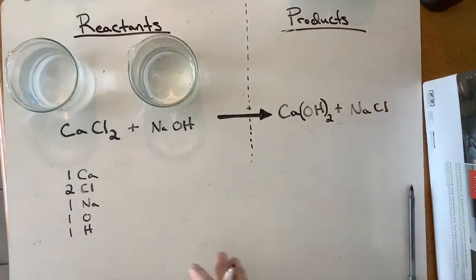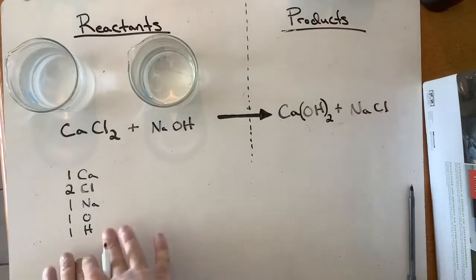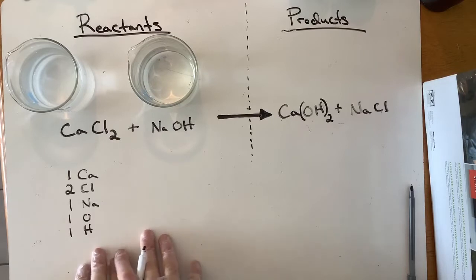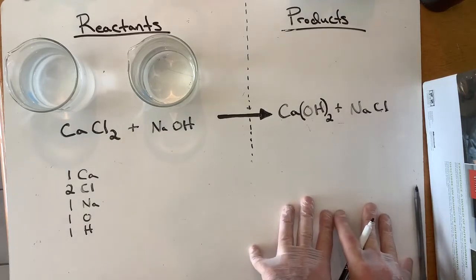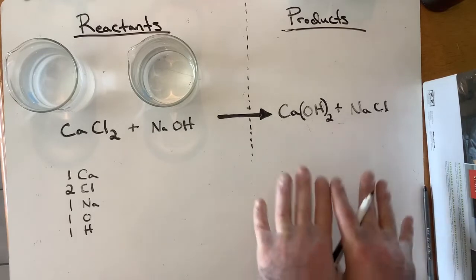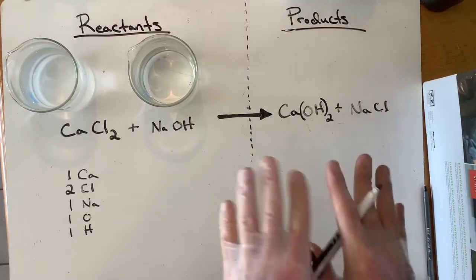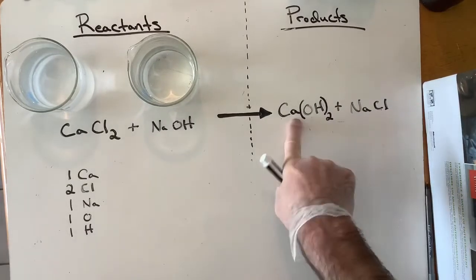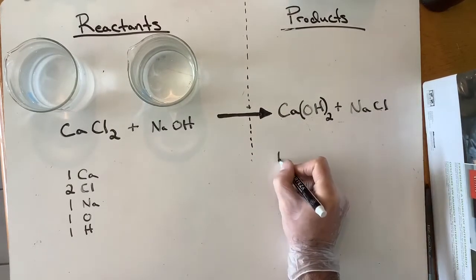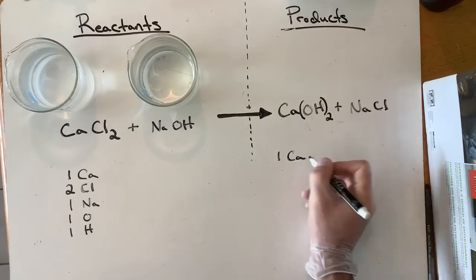Now, this should be the same number of atoms for each element on the left-hand side that I have on my right-hand side. So let's do a quick inventory on this side and see how many of each atom I've got. Calcium has no subscript, so I've got 1 atom of calcium.